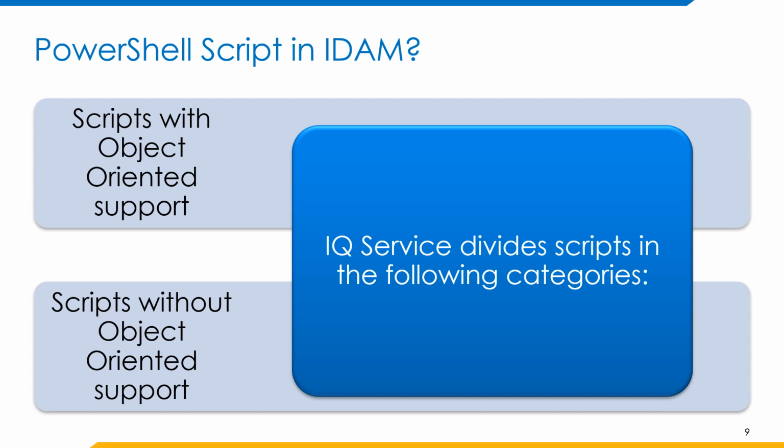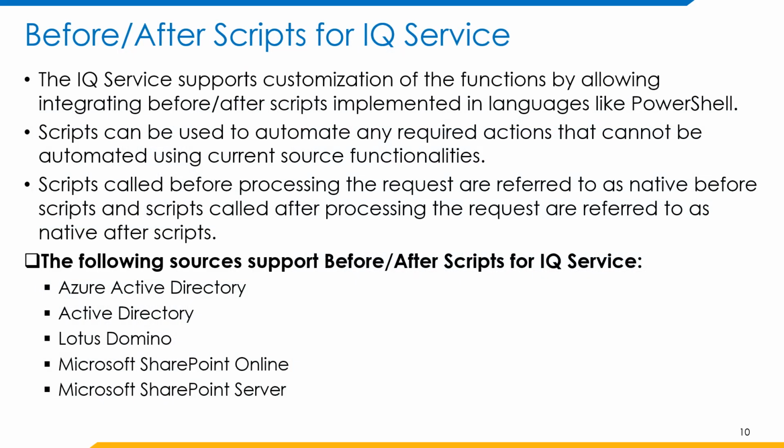In the event of an error, the script generates a non-zero value and logs the message in the appropriate file at the specified directory. And let's come to the next slide. The IQ service allows function customization by using the integration of before and after scripts deployed using scripting languages such as PowerShell.